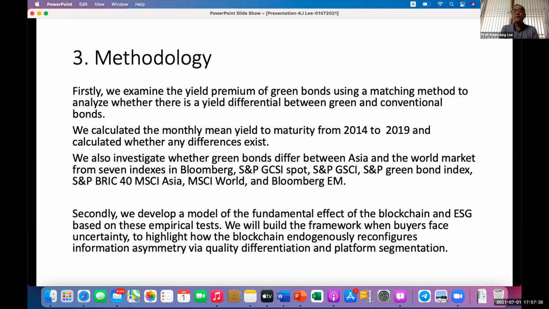We build the framework with the buyer and the uncertainty, and then we use blockchain to endogenously reconfigure information asymmetry via quality differentiation and platform segmentation.